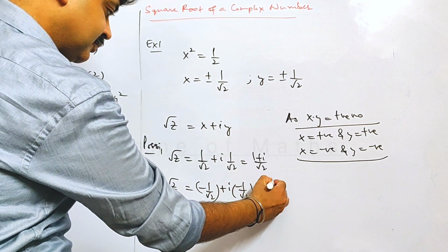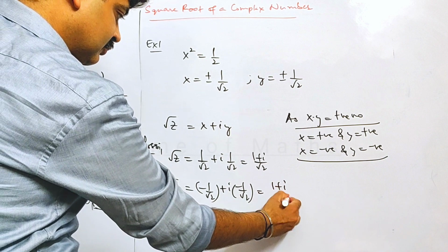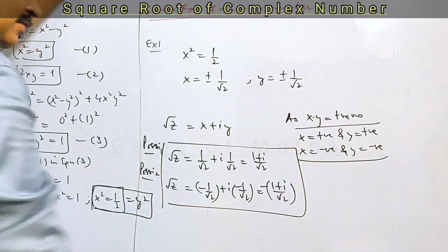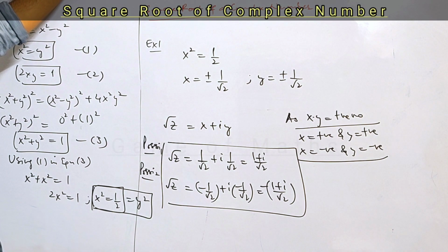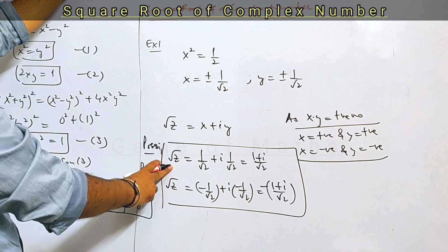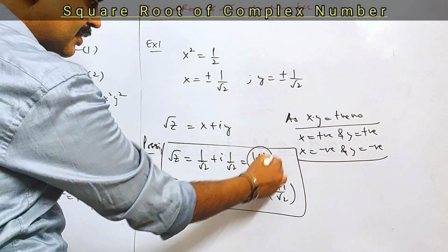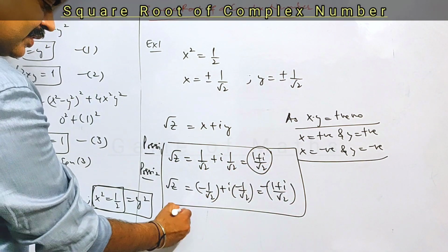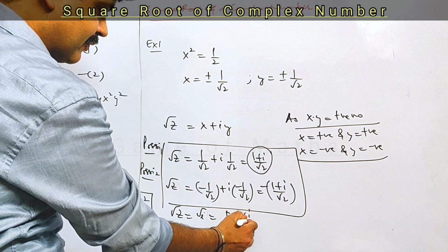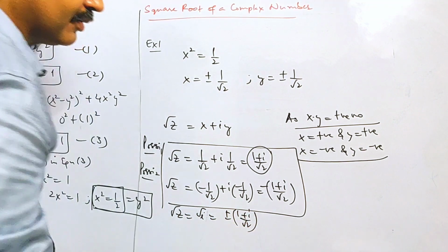So these are the possible solutions. The square root of z, which is iota as given in the equation, would be either equal to this or equal to this. So we can write root z equal to root iota equal to plus minus 1 plus iota divided by root 2. This is the answer.